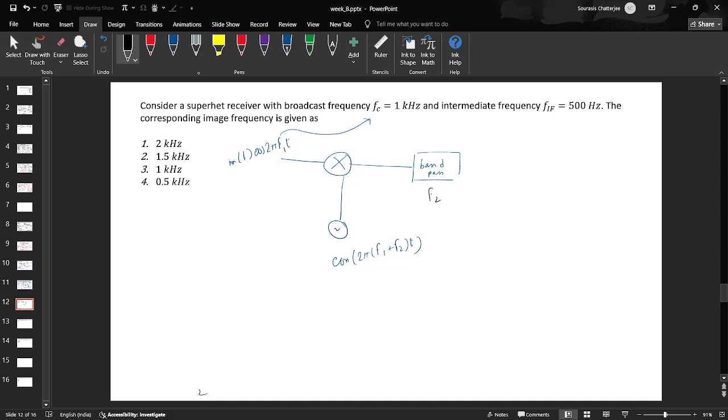The input signal has a frequency f1, and the local oscillator intentionally generates a frequency component f1 plus f2, so that when you multiply and pass it through a band pass filter, let us check what you receive: m(t) cos 2 pi f1 t times cos 2 pi (f1 plus f2) t.